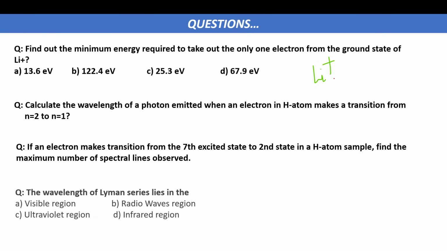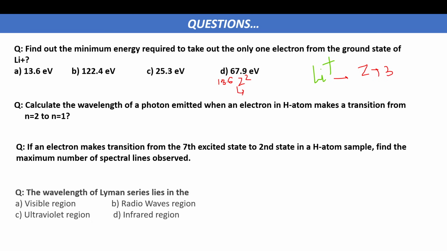We know for lithium, the atomic number is 3. So the minimum energy required to take out an electron is given by 13.6 Z square.